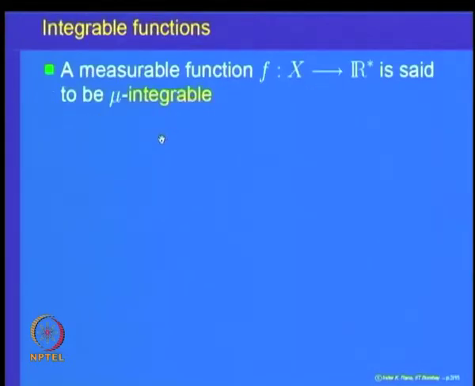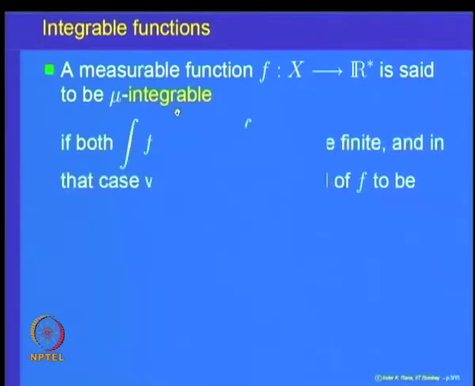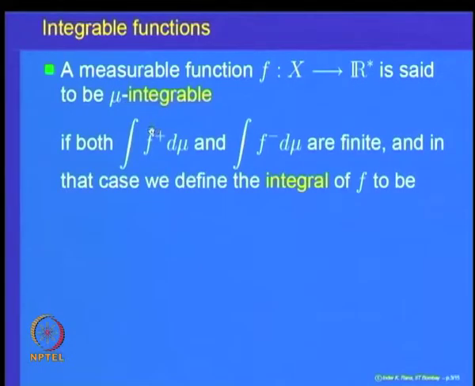So, if you recall, we said an extended real valued measurable function f is said to be integrable with respect to mu, and written as mu integrable, if both the integral of the positive part of the function and the negative part of the function are finite. So, we say f is mu integrable if integral f plus d mu and integral f minus d mu both are finite numbers.